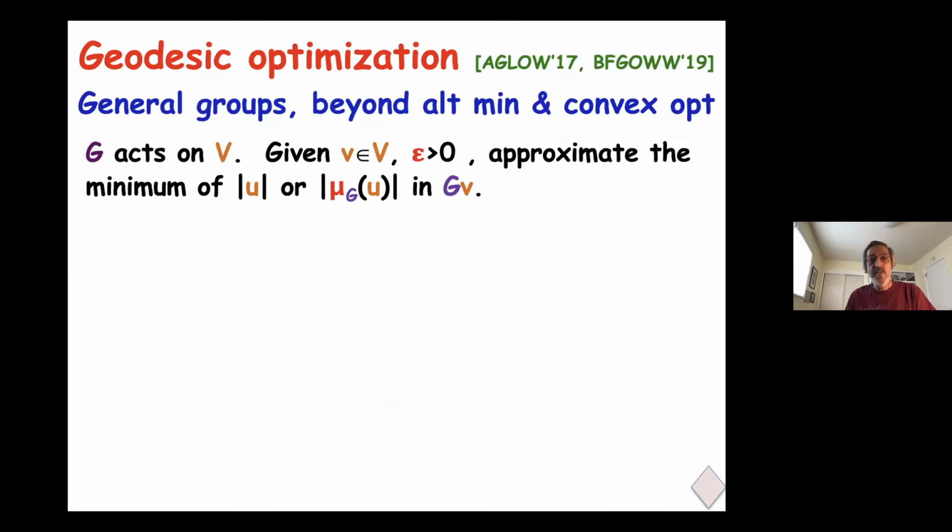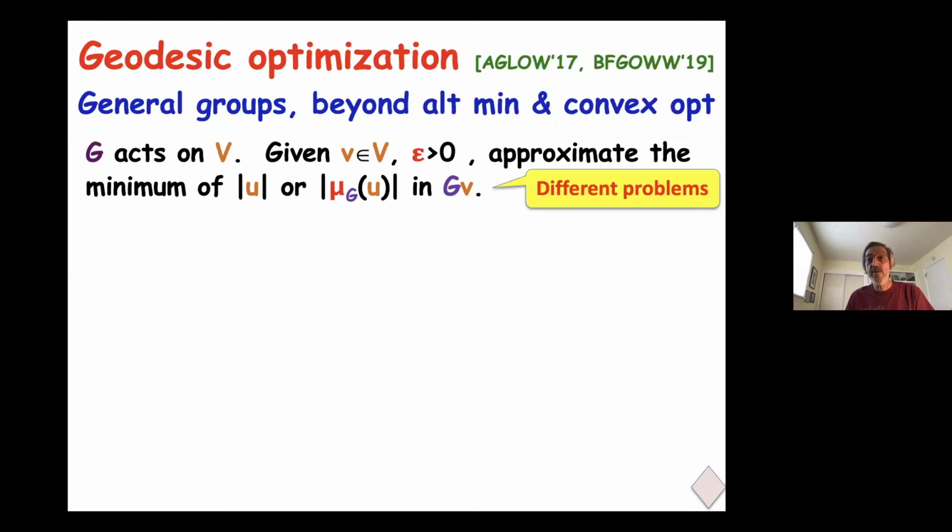So imagine this really is the last slide besides the open problems. Imagine now any group action on any vector space, and we want to approximate the L2 norm in the orbit or the moment map in the orbit. When you talk about approximation, these are different problems, even though the limit is the same.